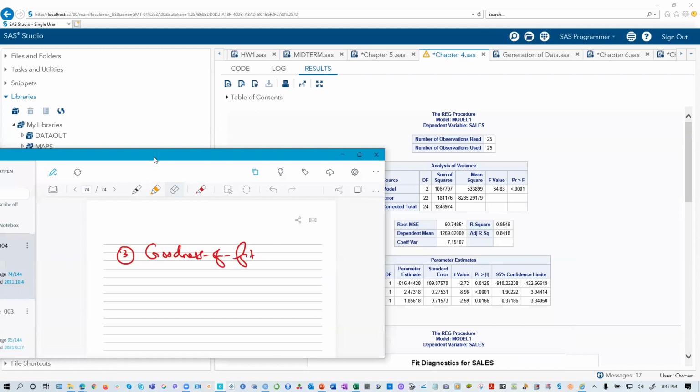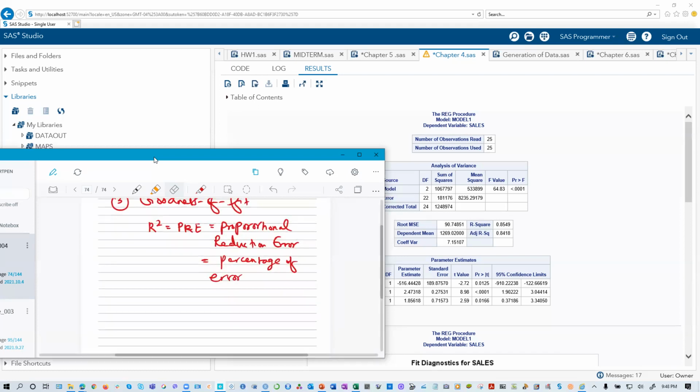Look at R squared. R squared is nothing but PRE. PRE means proportional reduction in error. How much error is being reduced by our model? The percentage of error reduced by our model.